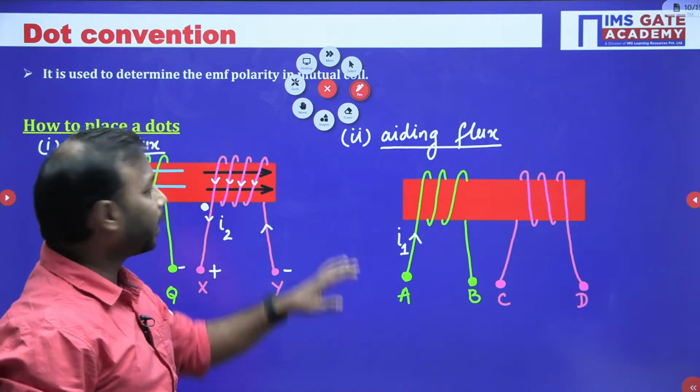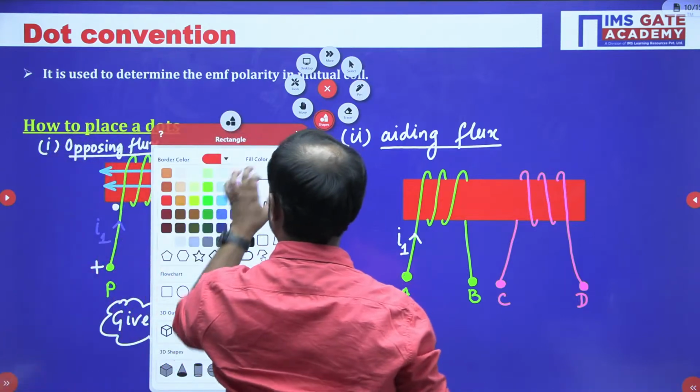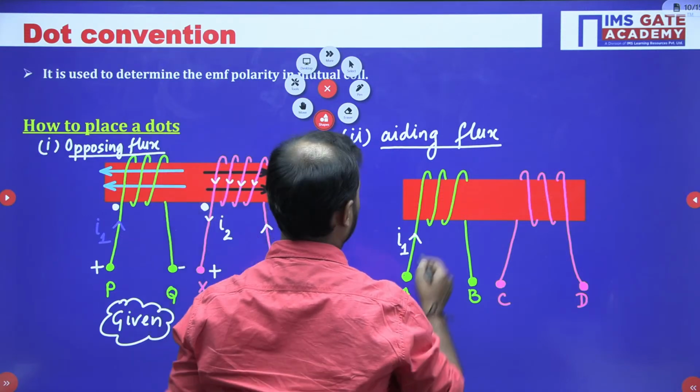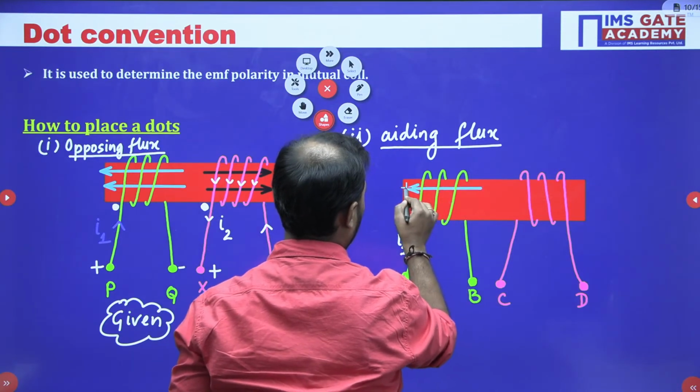Okay, so what will be the direction of flux in this case? It will be towards left hand side.